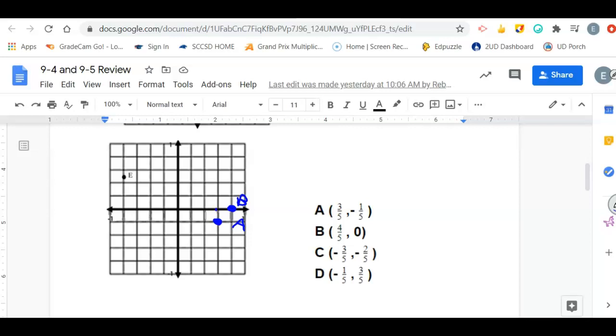C, negative 3/5, comma, negative 2/5. Going to the left 3/5, and then going down 2/5. Point C. Point D, I'm going to go to the left 1/5, and I'm going to go up 3/5.